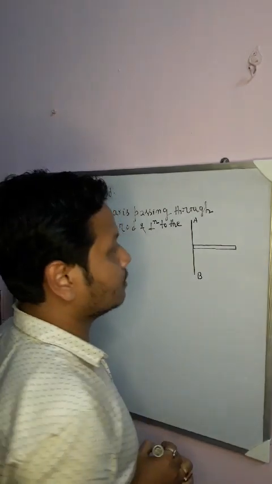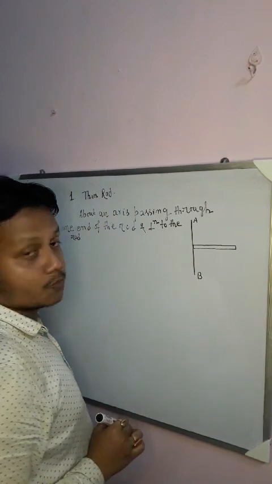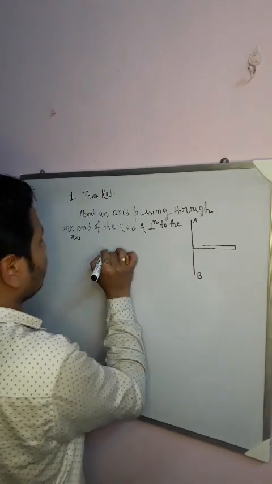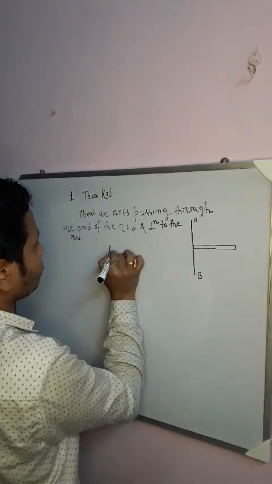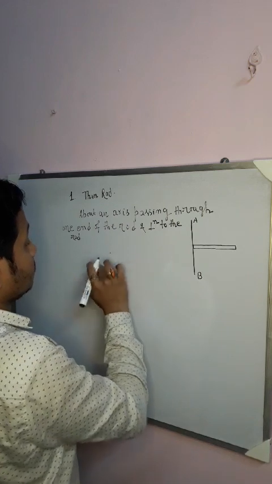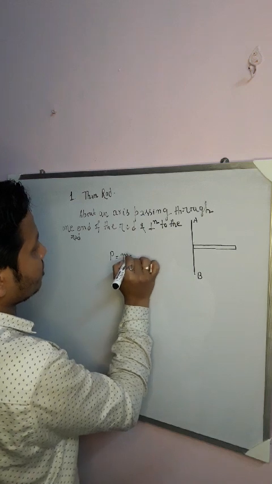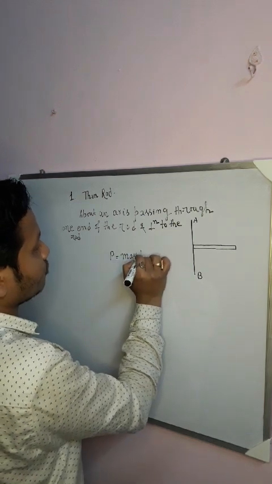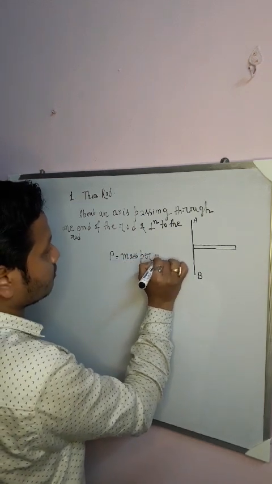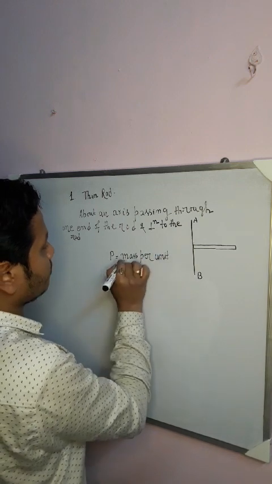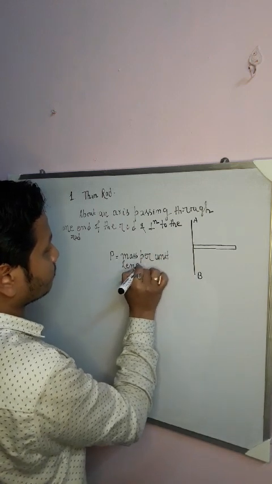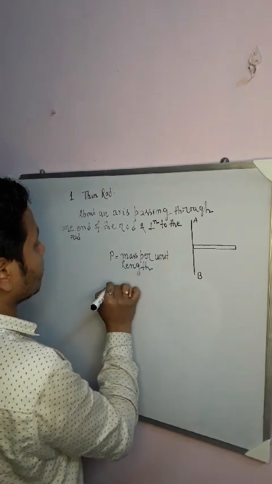Let rho be the mass per unit length. And what is the total length of the rod?